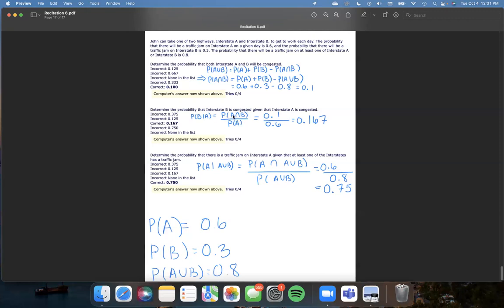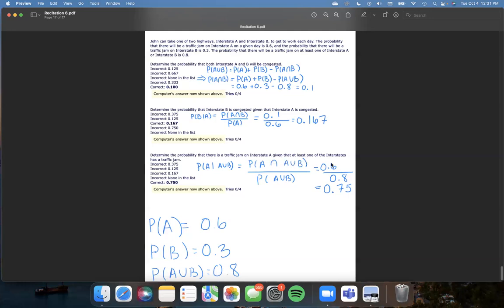We know the probability of A intersect B because that was what we just solved in the first problem, which is 0.1. And the probability of A is 0.6. So 0.1 divided by 0.6 is 0.167.